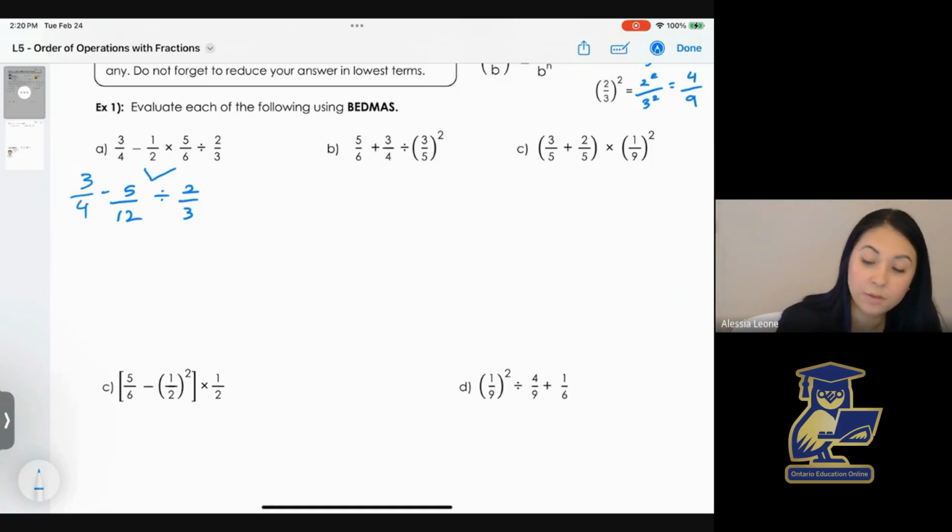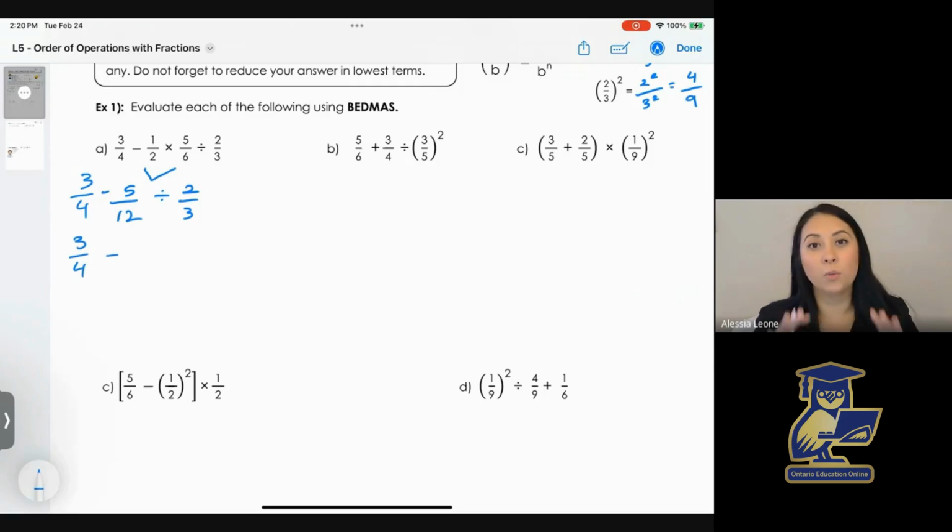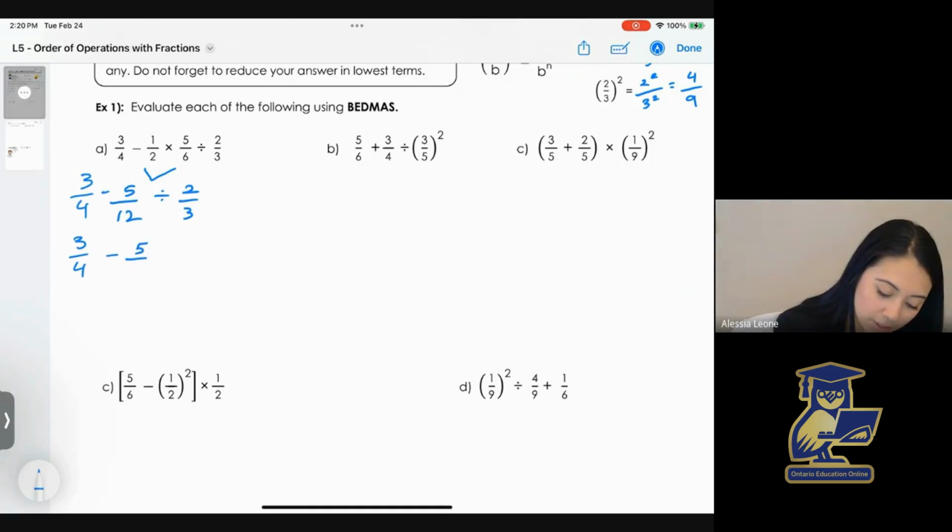Now we know division is still before subtraction. With our division, remember, we keep our first fraction, flip our second fraction, and multiply. So let's keep our first fraction and flip our second fraction and multiply.